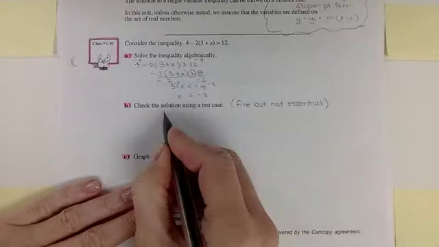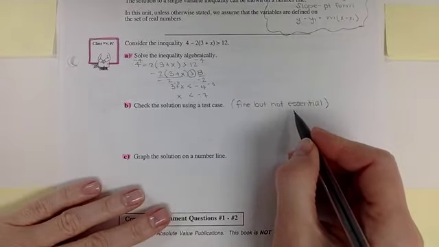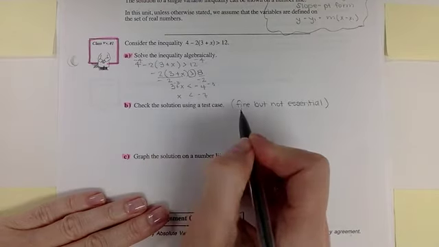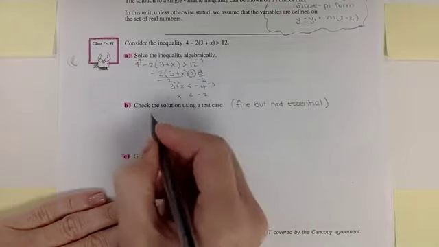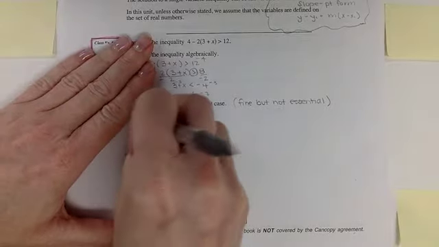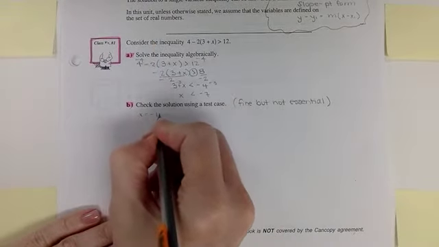And they say check using a test case, and this is fine, but really not essential. I'll talk about that more later. So I'll just do an example. A test case, you're going to pick something less than negative 7. So why don't we test for negative 10? What if x equals negative 10?